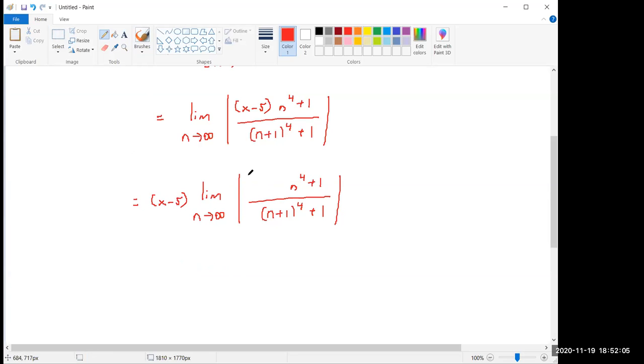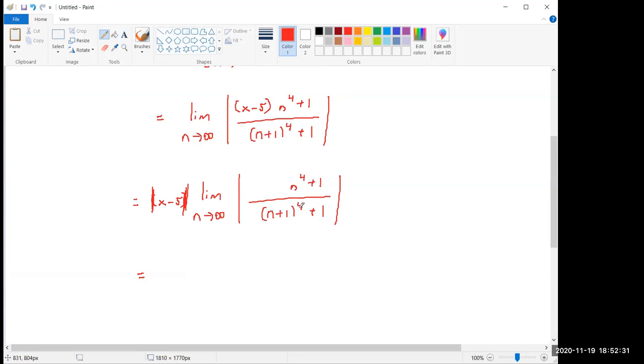So the limit of that expression, what does that become? Should be 1, right?